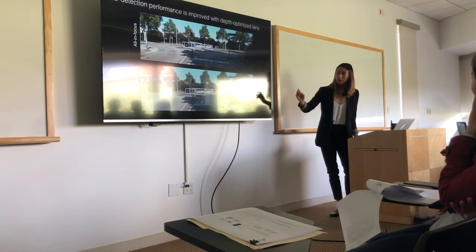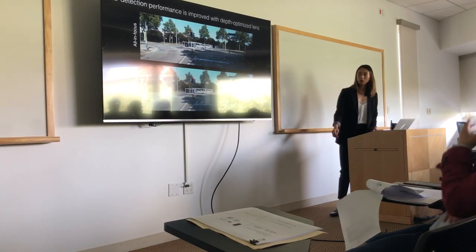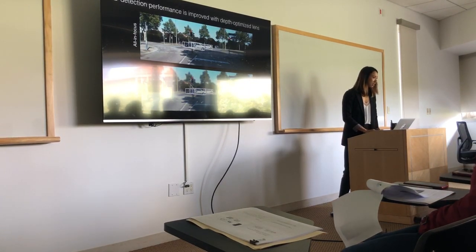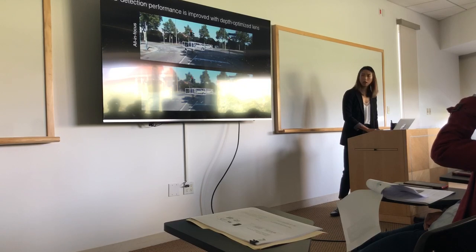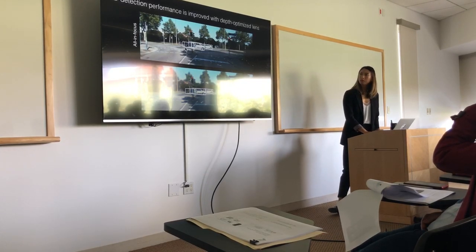So if you look at the black car on the left, middle left of this image, then you can see how the optimized image is able to get a much tighter bounding box around that car than the all-in-focus image, and that's the kind of improvement that results in the better performance.